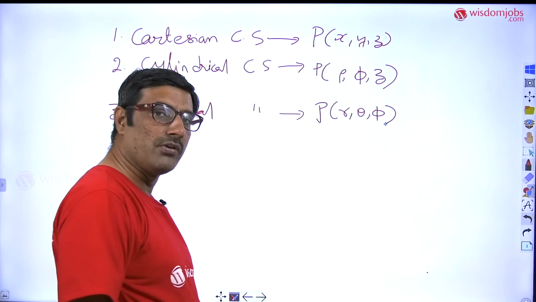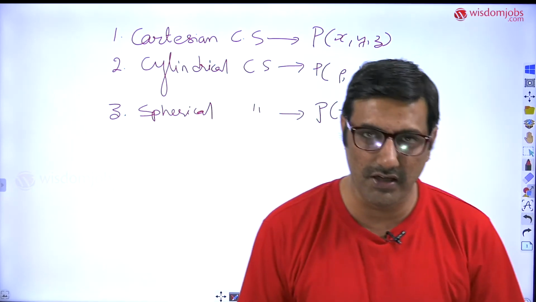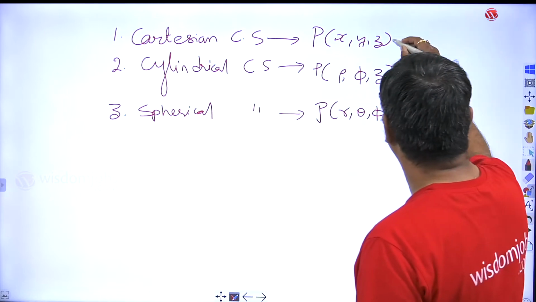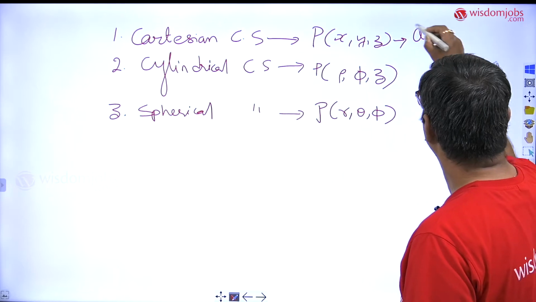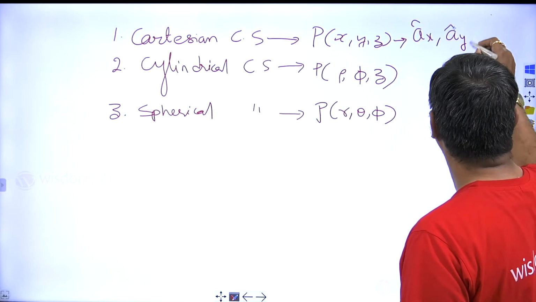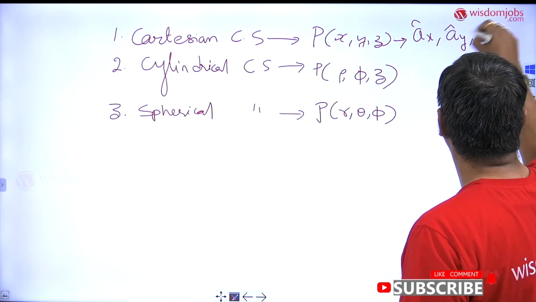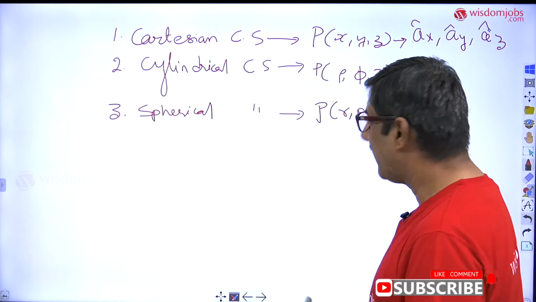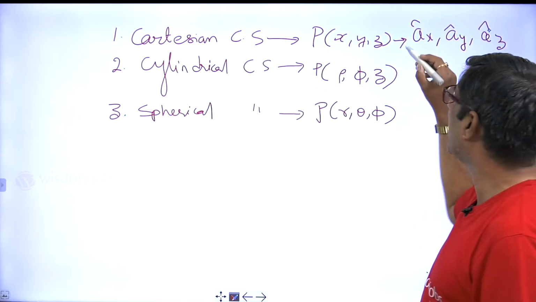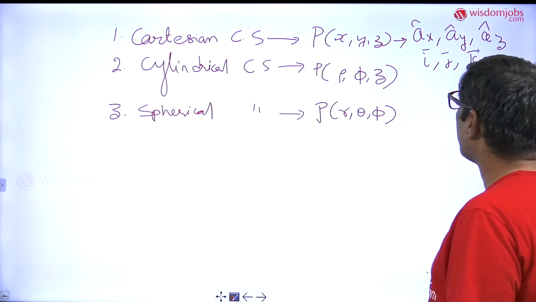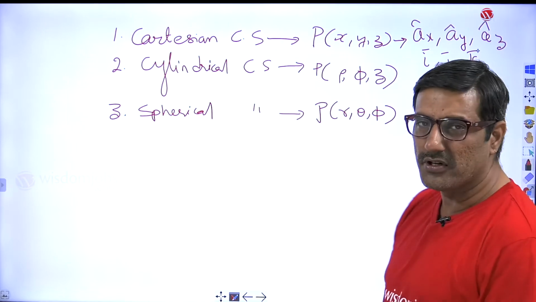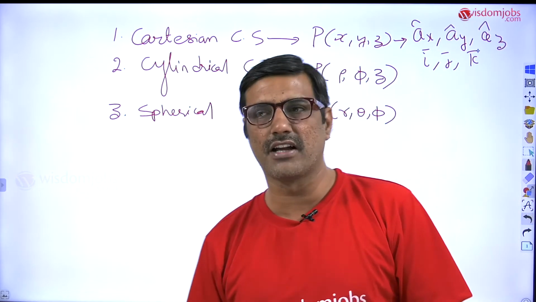So what are the unit vectors in the three coordinate systems? In Cartesian, we express the unit vectors as ax cap, ay cap and az cap. In some textbooks, the same notation changes to i bar, j bar and k bar. So i bar is similar to ax cap, j bar is similar to ay cap, and k bar is similar to az cap.